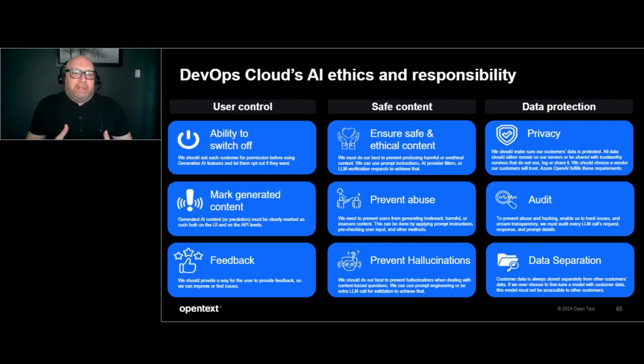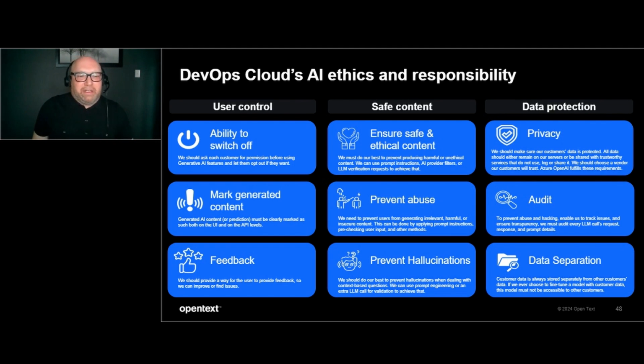And when it comes to the AI ethics and responsibilities, we commit to a number of focused areas. For user control, this includes supporting the user's desire to switch off AI, to mark generated content, and to send us feedback.